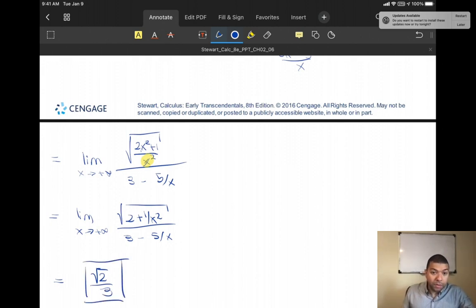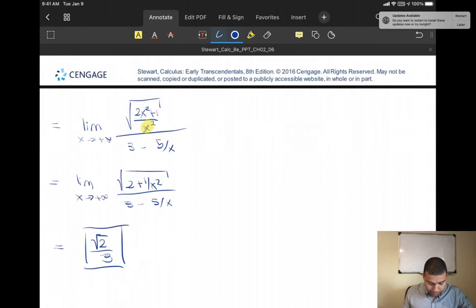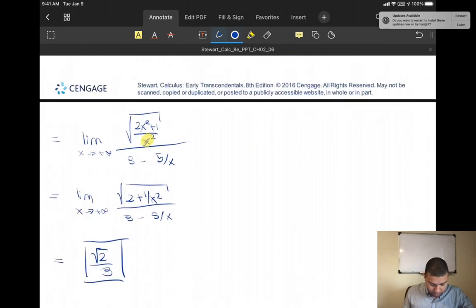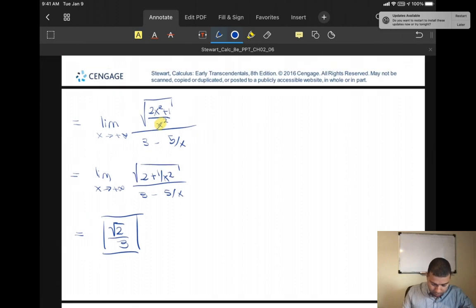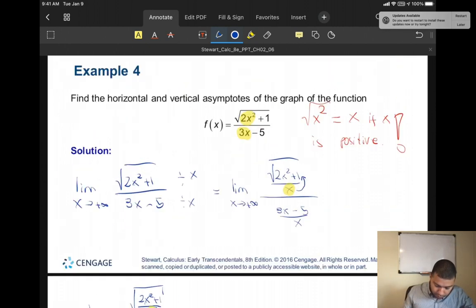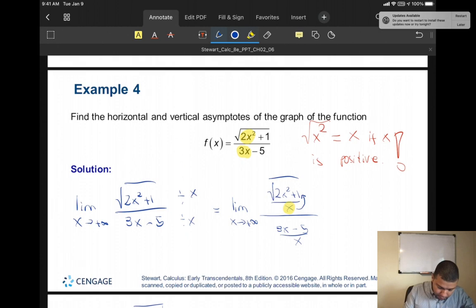But now what happens when we do the other example? What happens, right? It's the most important thing there. So let's look at the other, because we're looking for horizontal asymptotes first.